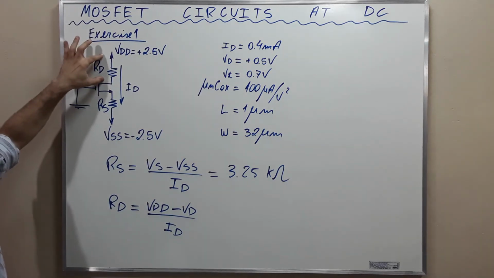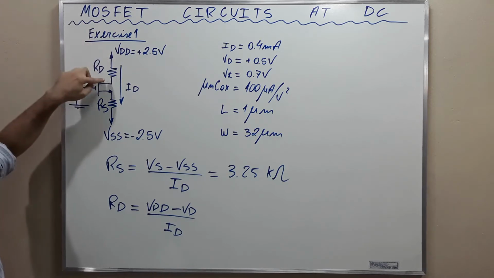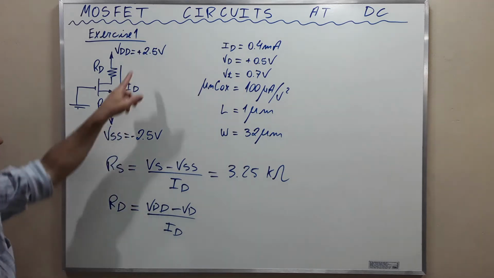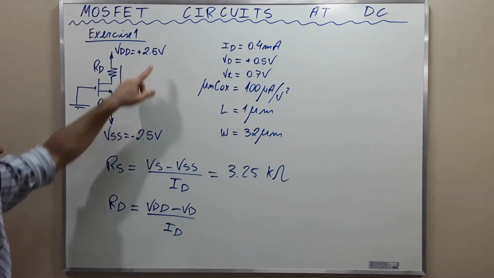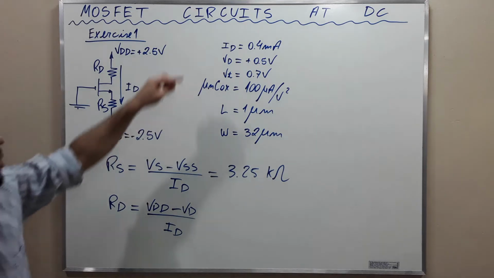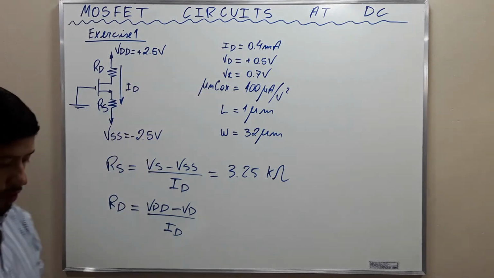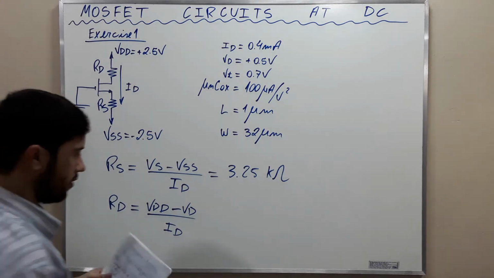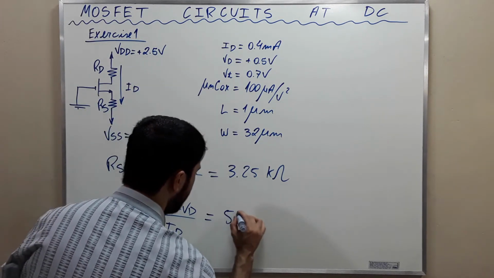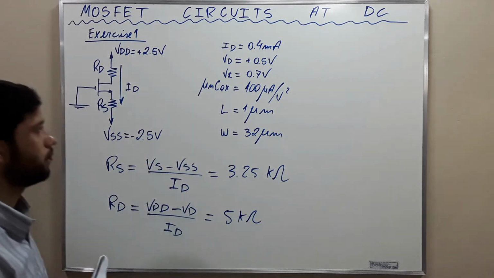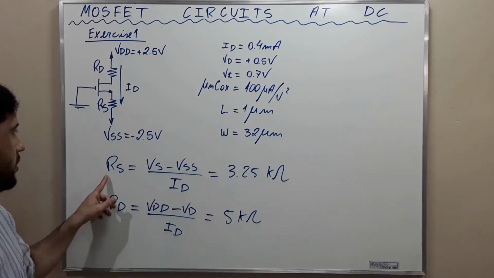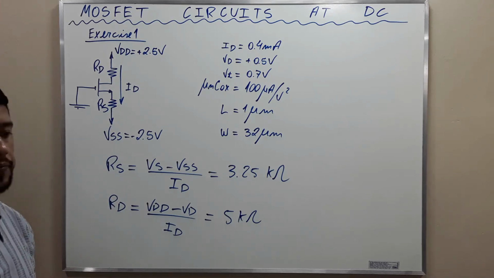The voltage on top of this resistor is VDD minus VD. And if we substitute VDD 2.5 volts and VD 0.5 volts divided by 0.4 milliamperes, we get the value of 5 kilo ohms. Okay? These are the values of the resistances that we wanted to calculate.